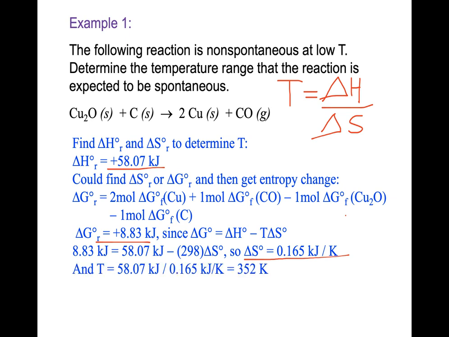And using our handy formula, the temperature is just the ratio of delta H over delta S. So we get a temperature of 352 Kelvin.